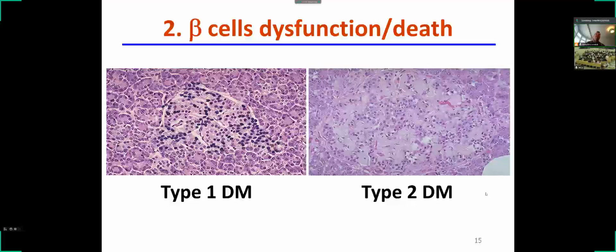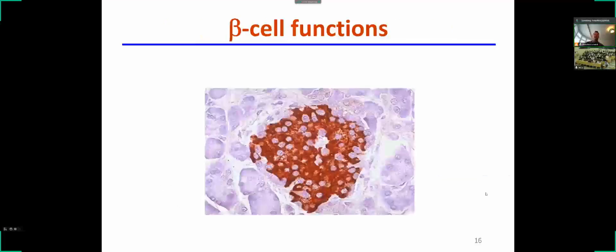In the case of type 2 diabetes, there is also some level of immune response, but typically for different reasons, not because there's an epitope, but more just because you've increased inflammation due to all the fat around, usually.